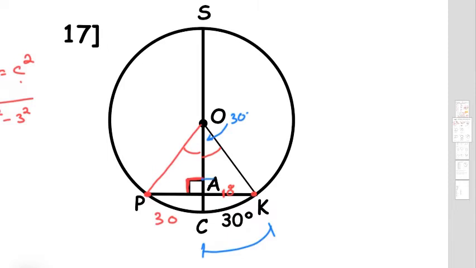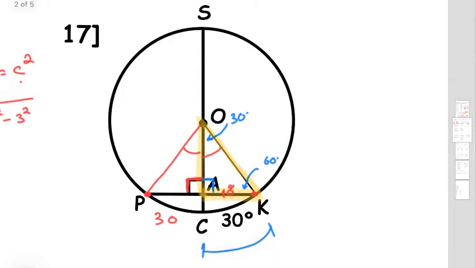And if that's 90, that means this is 90, which leaves this to be 60. And so now we have a 30, 60, 90 triangle. And if you can't see the triangle, that triangle is right here.